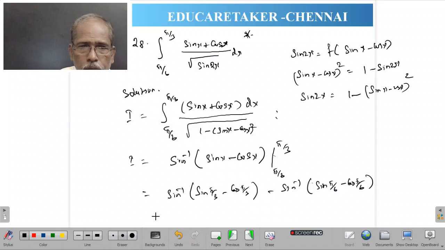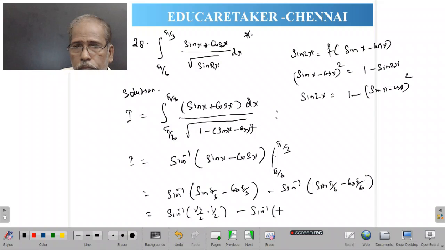Okay. Then sin inverse of, sin pi by 6 is 1 by 2, so (root 3 by 2 minus 1 by 2) minus sin inverse of (1 by 2 minus root 3 by 2).